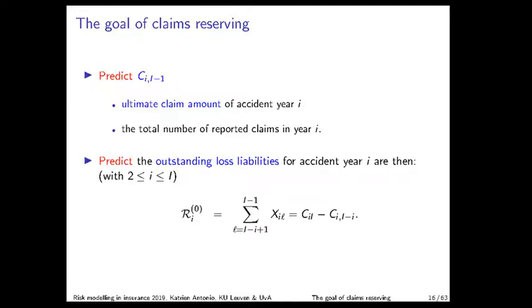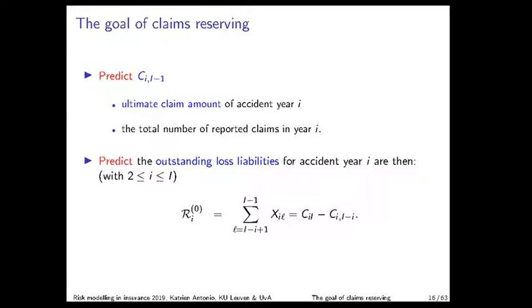And we assume that beyond this period, no further payments will follow, although this assumption can be relaxed. Since C_{i,I-1} is cumulative, it includes both an observed part and a part that has to be predicted. And therefore, the outstanding liability for accident year i can be written as follows.